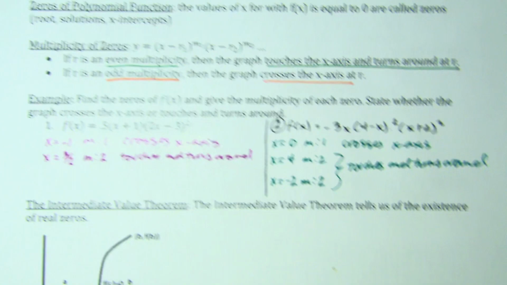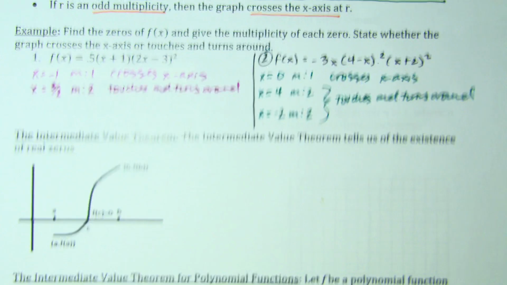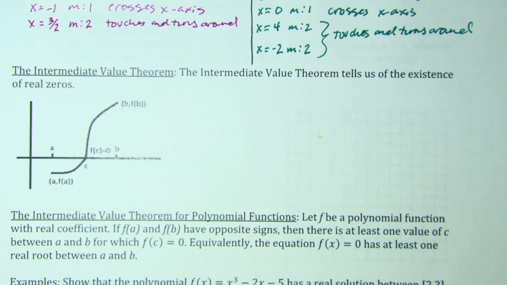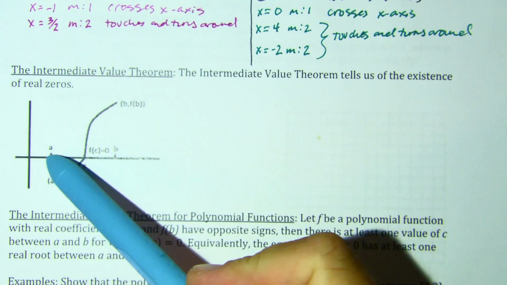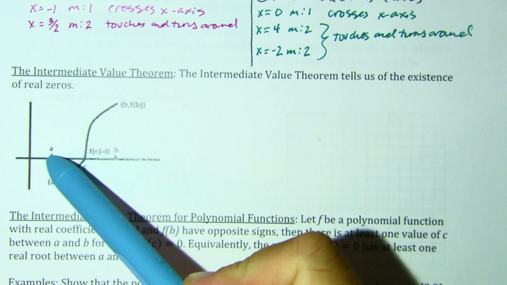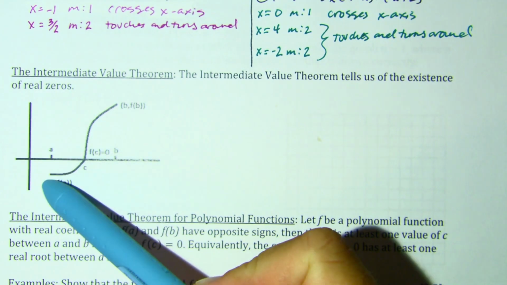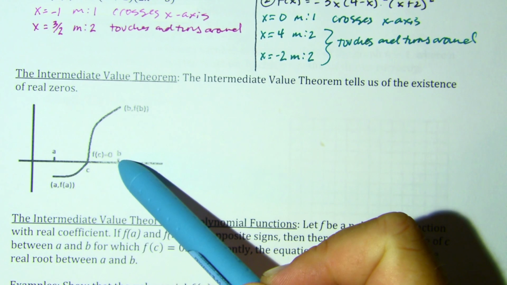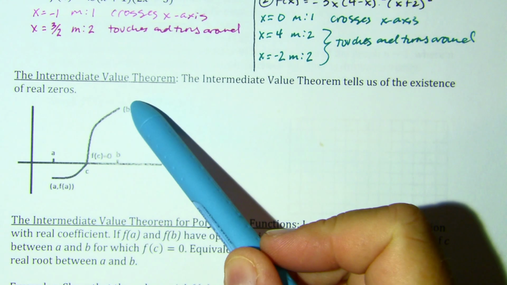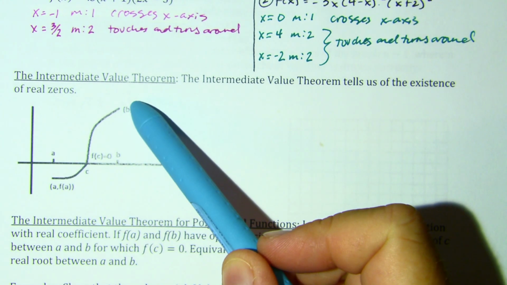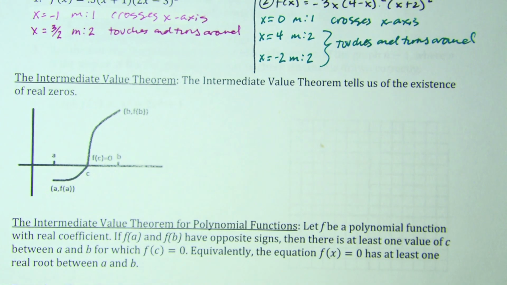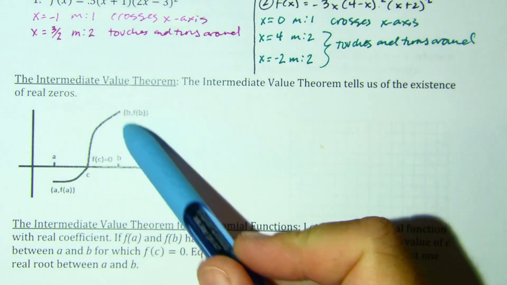The next thing we're going to look at is the intermediate value theorem, and what this tells us is where there are zeros or roots or x-intercepts. And basically what the intermediate value theorem says is if I have an x value here where at that x value the function is negative, and then if I have another x value over here and the function is positive there, because this is a polynomial function, there's no jumps or gaps or holes or anything like that.